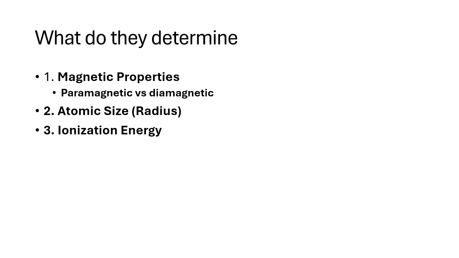D10 is diamagnetic because we have 10, and those are non-magnetic. Remember, we go up, up, up. These are plus 1/2, plus 1/2, plus 1/2. And then if it goes down, it's negative 1/2, negative 1/2, negative 1/2.